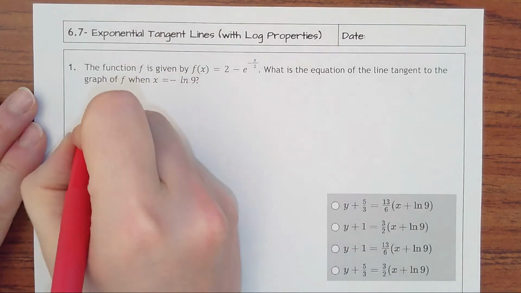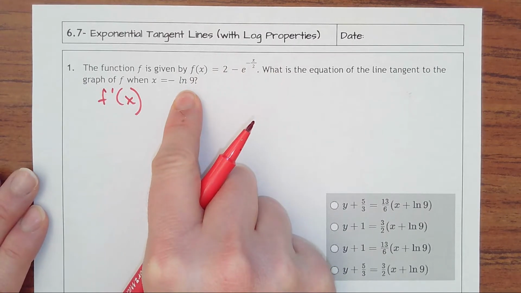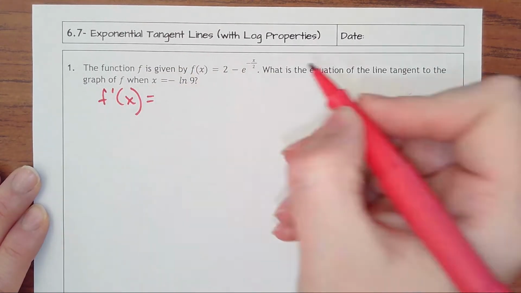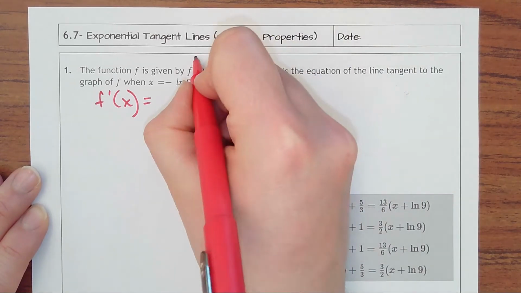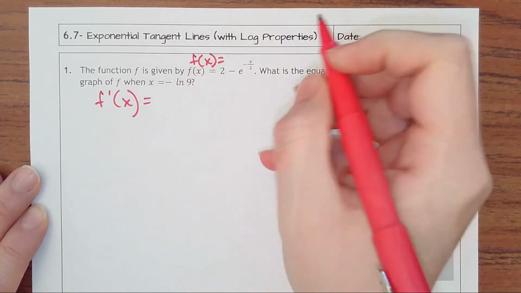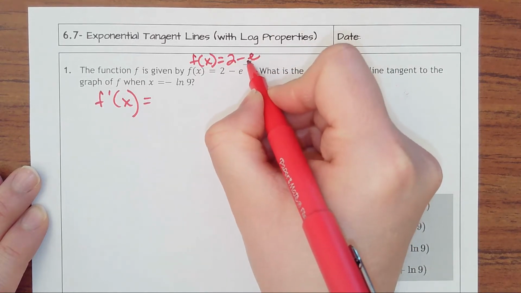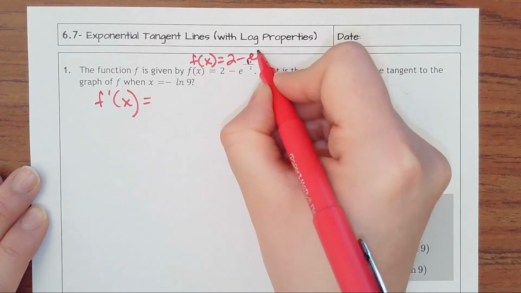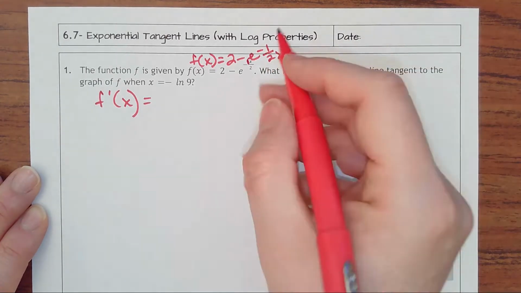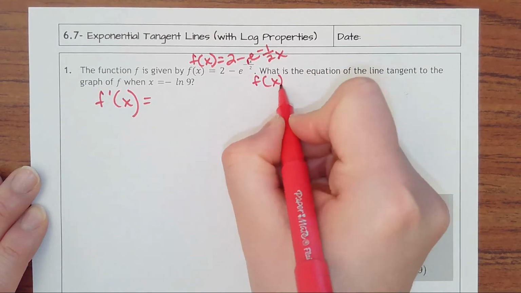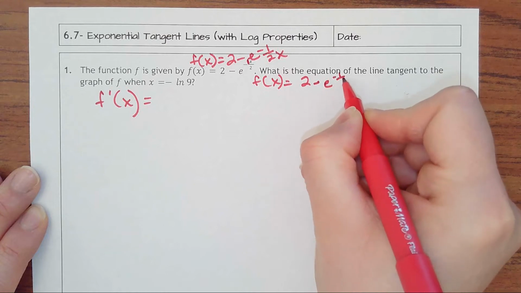So first thing I want to do is find the derivative so that I can plug in this x value and get the slope of the line. The slope of a constant goes away. Let me also rewrite this because this part looks a little tricky. So 2 minus e, since there's a -1 here, this is the same as 2 minus e to the -1/2 x.